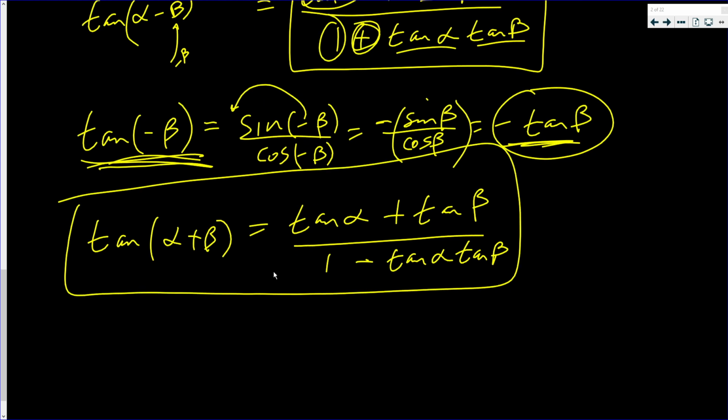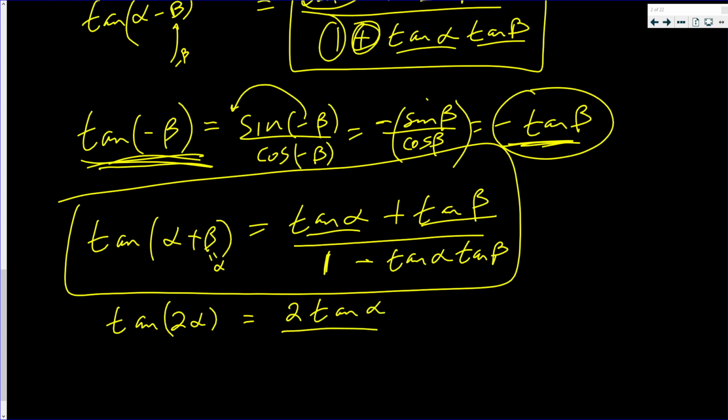Now, one last one. What if beta is just alpha? So now we have the tangent of alpha plus alpha, which is 2 alphas. Tangent of alpha plus tangent of alpha, that's 2 tangent alpha. Divided by 1 minus tangent alpha times tangent beta, which is tangent squared alpha.